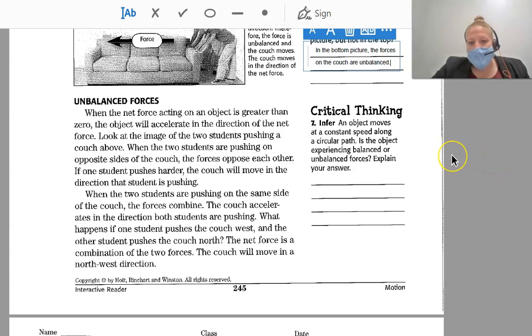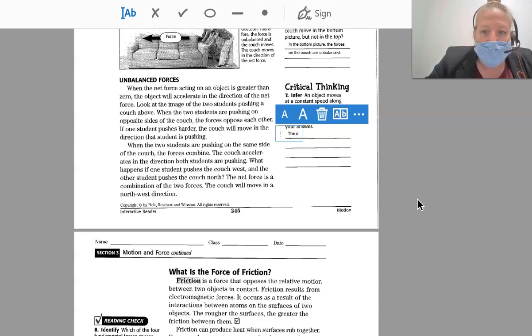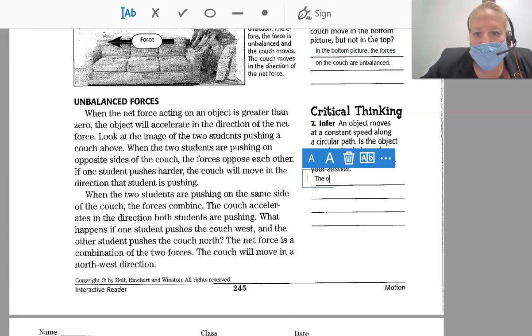An object moves at a constant speed along a circular path. Is the object experiencing balanced or unbalanced forces? The object's motion is changing.